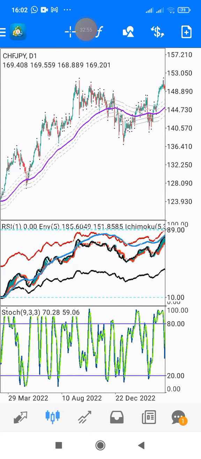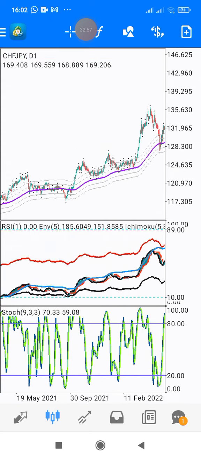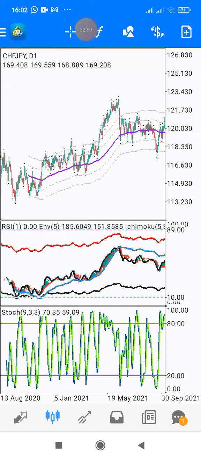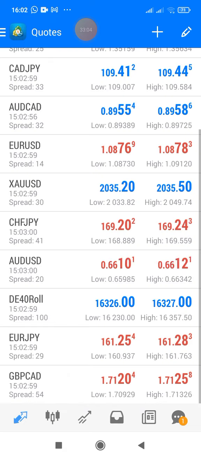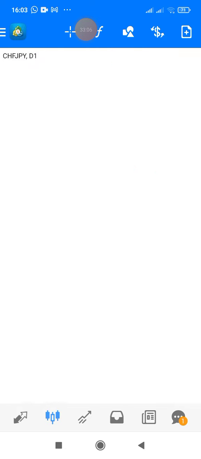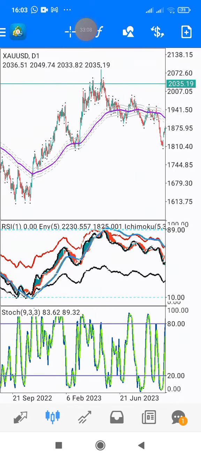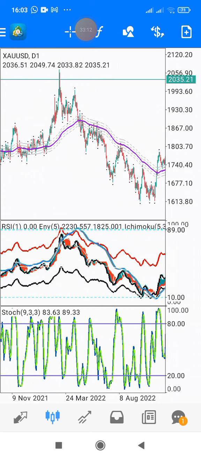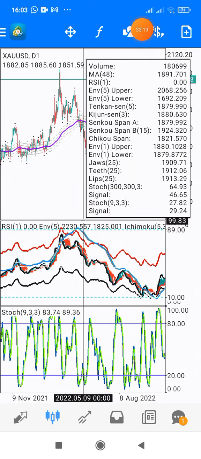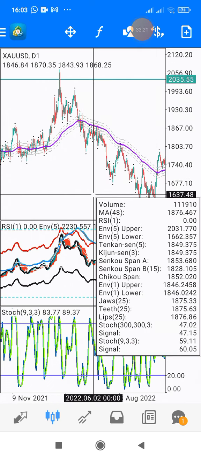That is how this market operates. This is how we do this market. So guys, don't be in a rush. Don't ever be in a rush.